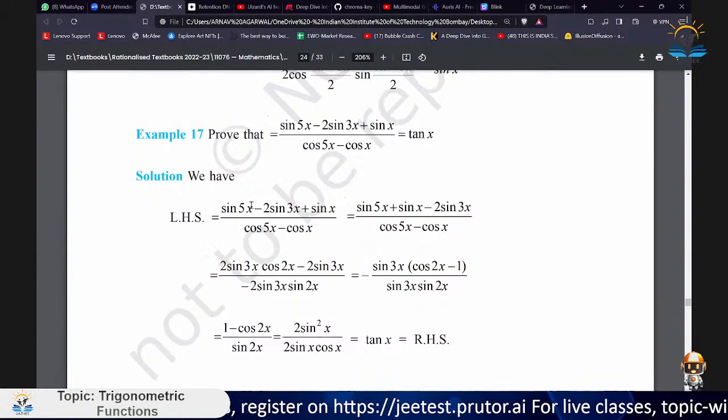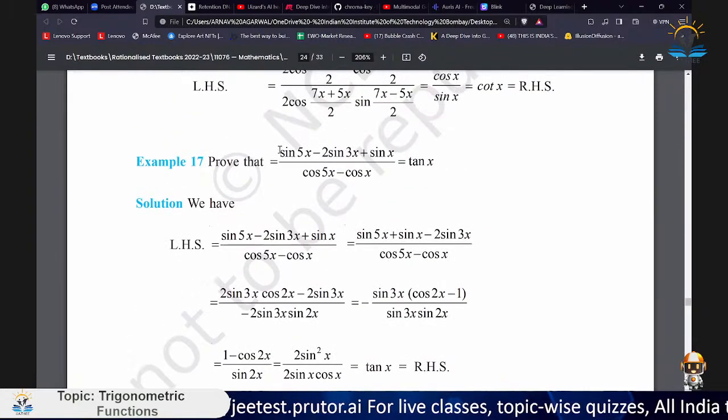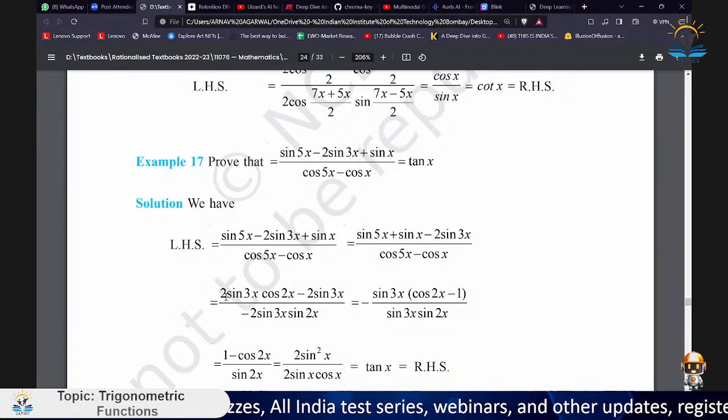So sine 5x plus sine x. So we just wrote it again in this way. Since we cannot factorize sine 5x and 2 sine 3x together, but we can still factorize sine 5x and sine x, right? So we write sine 5x plus sine x, which can be written as 2 sine 3x cos 2x, right?